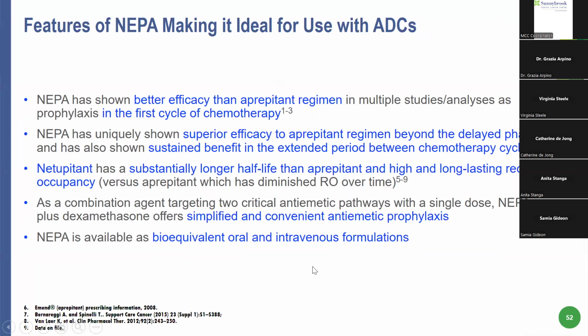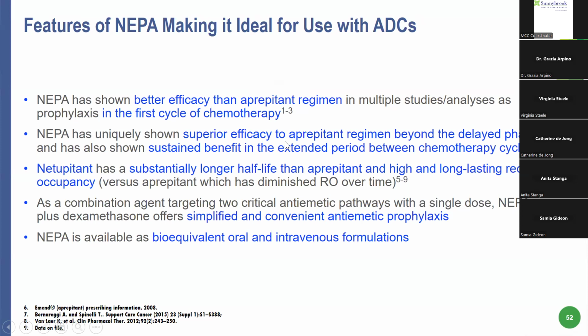So basically, summarizing NEPA activity and the rationale why it may be a helpful drug in ADC emesis control: it is a better regimen than aprepitant in multiple studies. It has an activity that goes well in the delayed phase and even beyond the delayed phase.